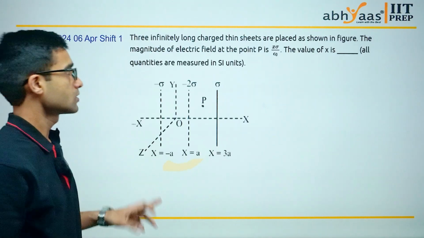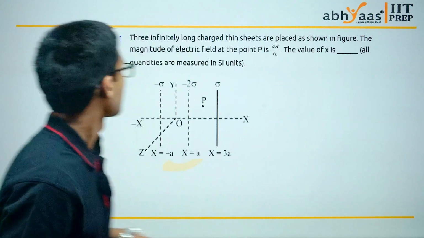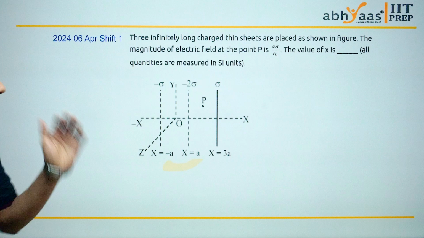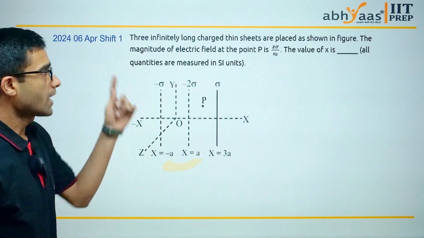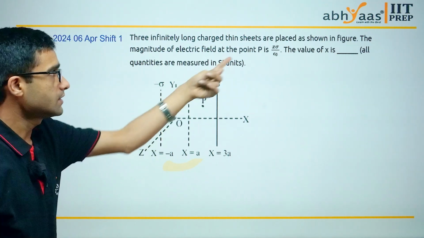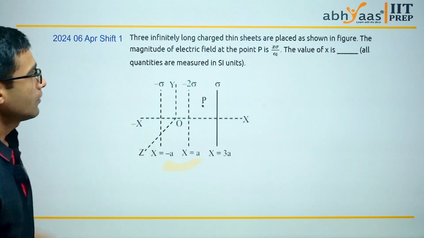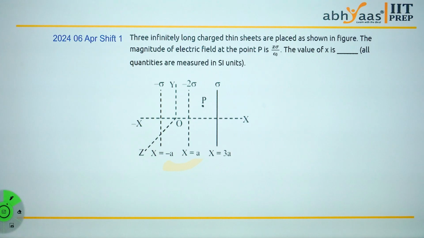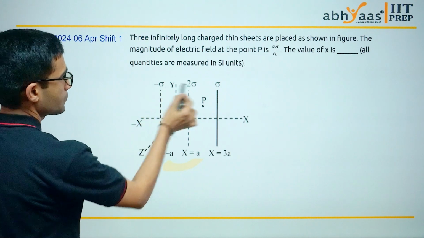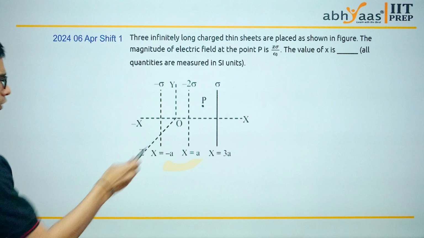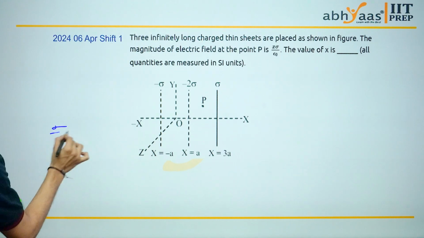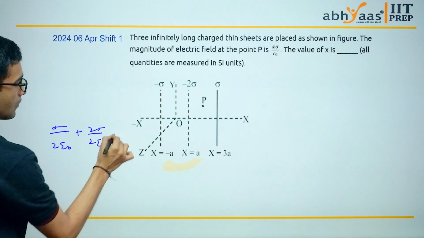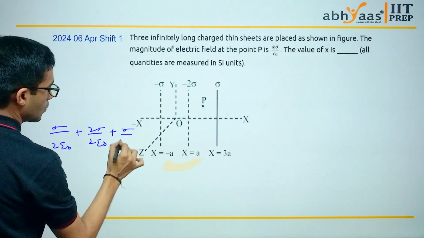Now going to the next question. He is asking: infinitely long charged sheets are placed as shown in the figure. Magnitude of electric field at point P is X sigma by epsilon naught. The value of X you need to calculate. First of all, if you observe here, there are three sheets. For this one it is sigma by 2 epsilon naught, for this 2 sigma by 2 epsilon naught, for this sigma by 2 epsilon naught.